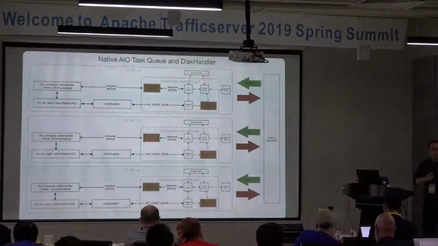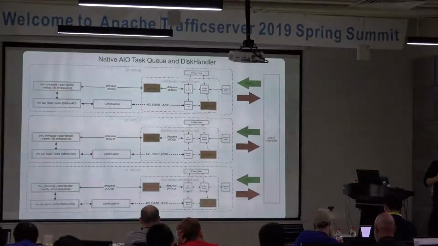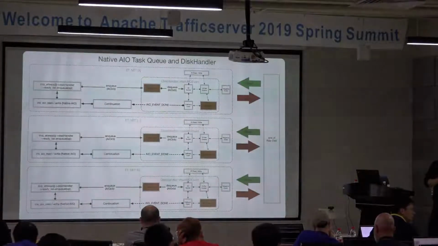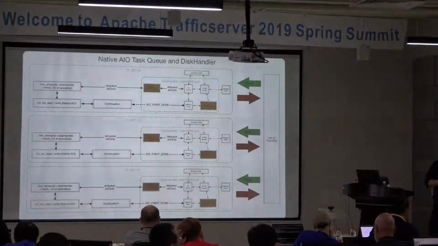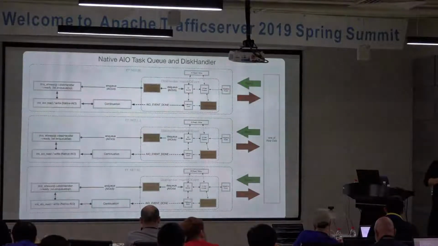So I do an AIO, I send off the read event. How am I notified that the read event is completed? It's like a poll, right? Polling, yeah. When you call that poll function from the ET-net, is there a zero timeout on that? What's the timeout on that poll call?